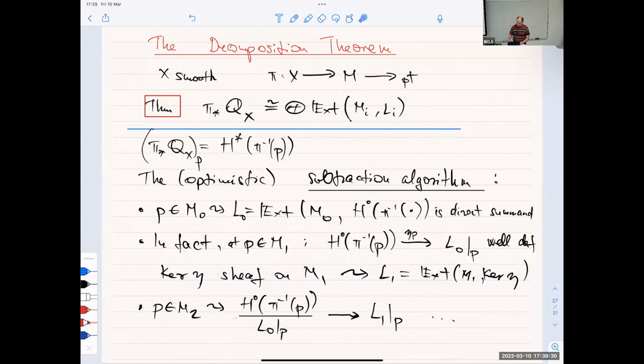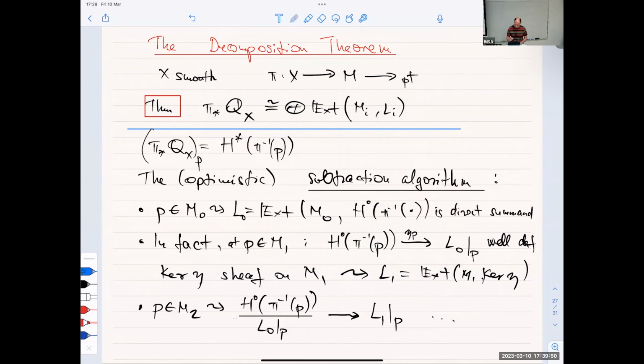But the claim is that here there is a map from the fiber over this point in M1, which is different now. It's not the generic fiber because it's not generic. And there's a map from here to here, which is surjective.